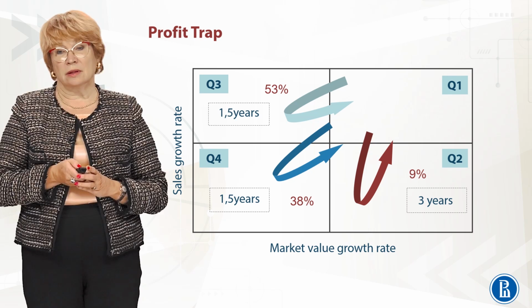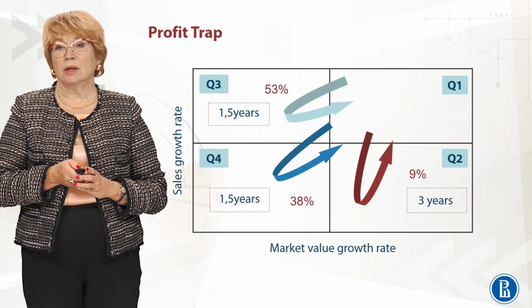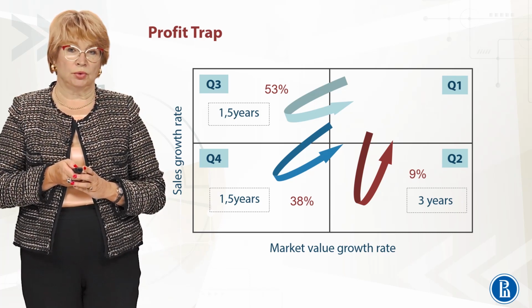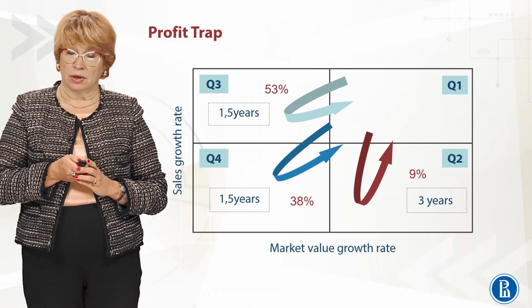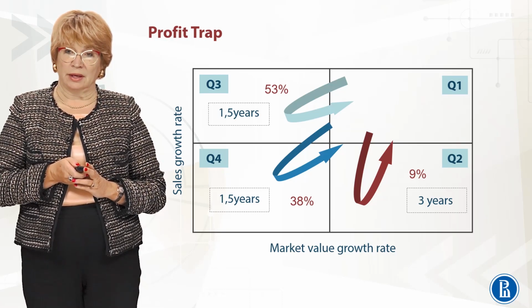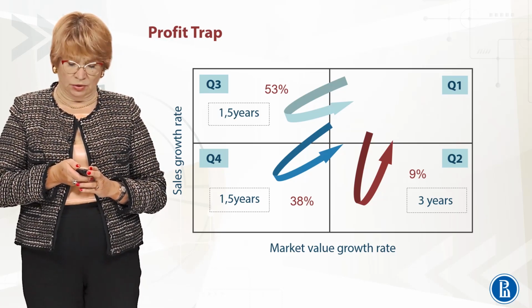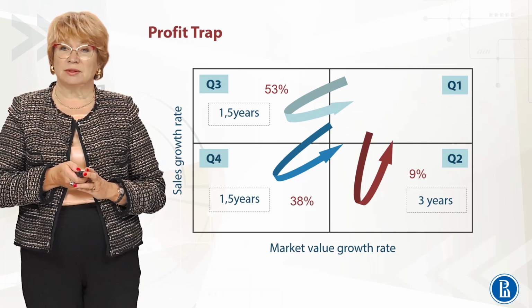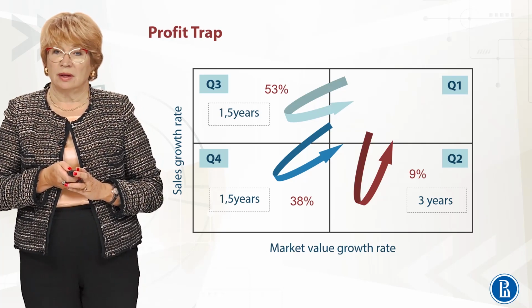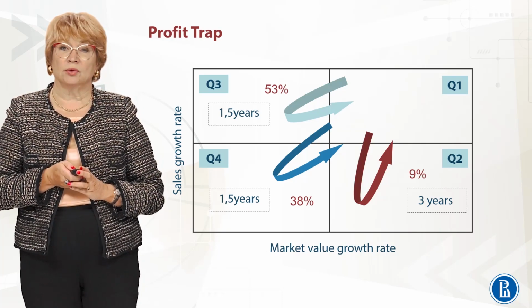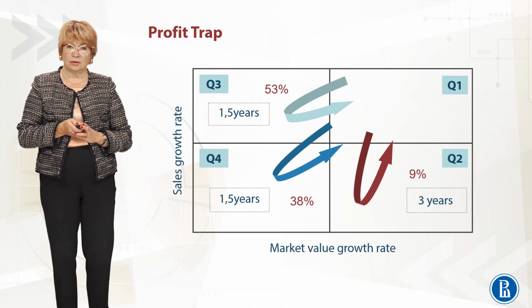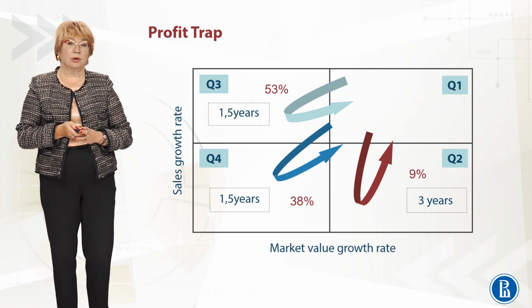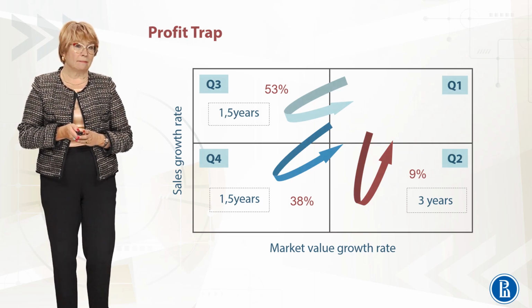Why? Those companies who moved from Q1 to Q2 were focused on the earnings rate of growth. But they were very slowly returning back to the best position in that matrix, even much slower than those who dropped from Q1 to Q4, the worst position in the matrix. What were the reasons behind this?